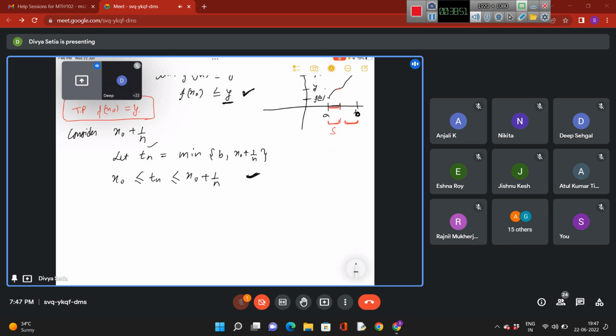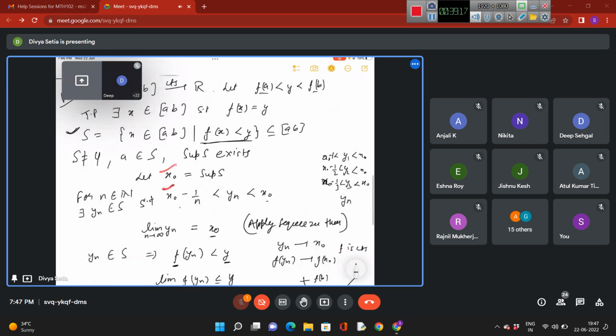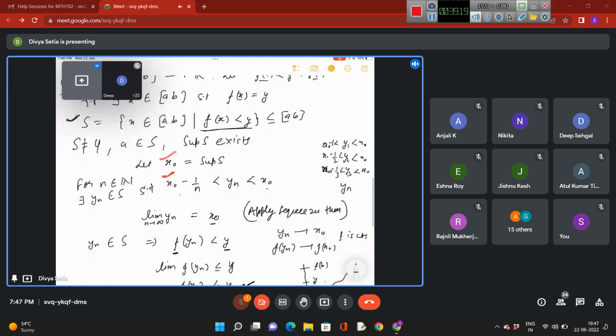See, Tn is the minimum value of these two, so it has to be less than or equal to x naught plus 1 by n, right? Minimum is always less than the parts that you are taking in the set. And the minimum will be either b or x naught plus 1 by n. And your x naught was lying in this interval, right?